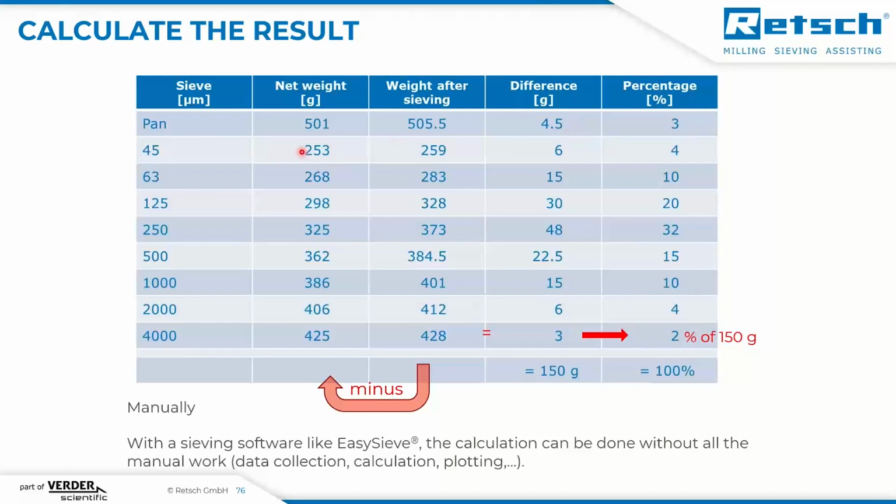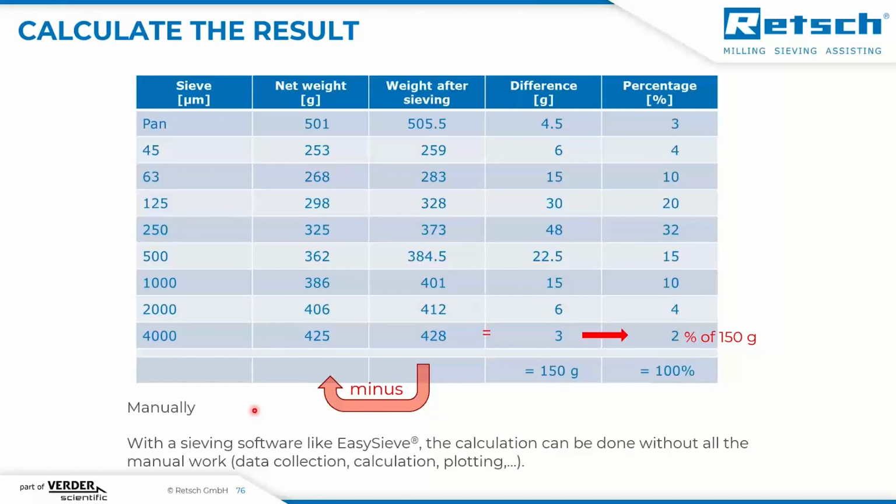So larger than 45 microns, larger than 4,000 microns, and so on. We know the total amount of sample, 150 gram in this example, which means this is 100% sample, and 3 grams of this fraction, 3 grams of 150 gram, means that 2% of the sample is larger than 4,000 micrometer.